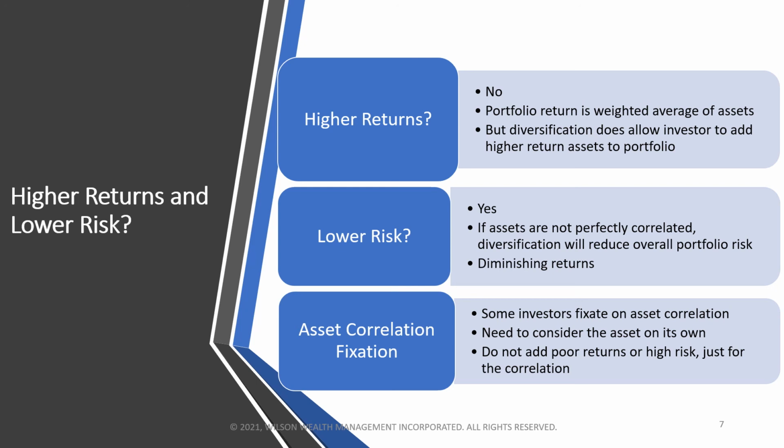Maybe you're more comfortable with Chevron as a company than you were of the spot price of gold. So you can't just get fixated on what the asset correlation is. You have to look and see how it fits into your portfolio and what your plans are. So don't just add poor return or high risk instruments simply for the correlation.